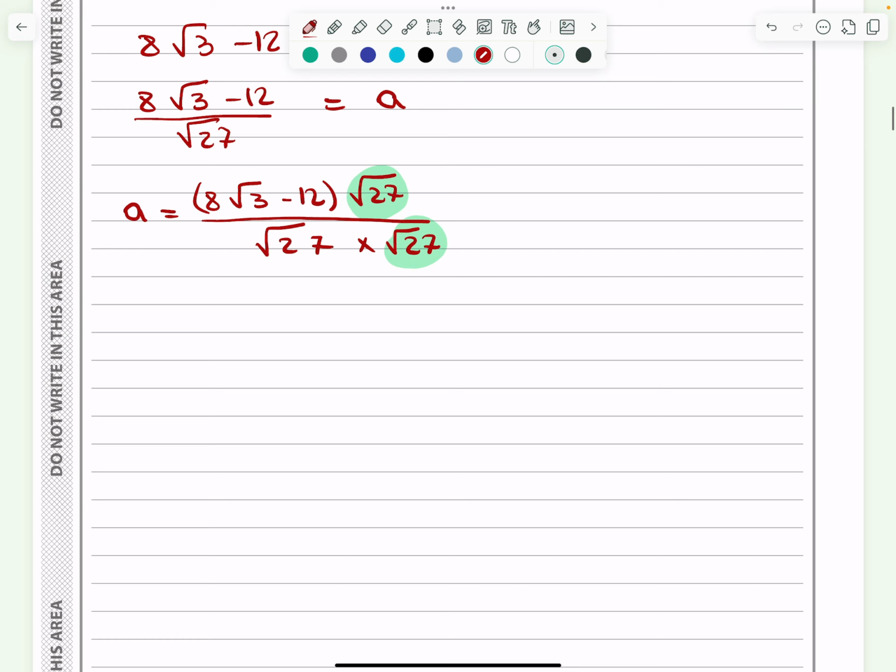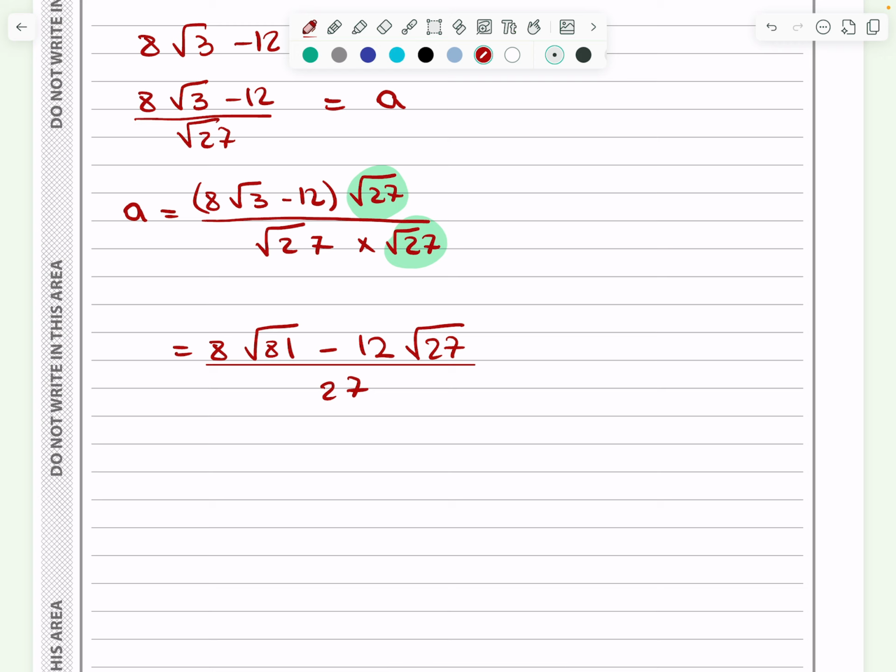So let's expand this as 8 square root of 81. Square root of 3 times square root of 27 will be 81, and minus 12 square root of 27. The square root of 27 multiplied by the square root of 27 will give us 27.